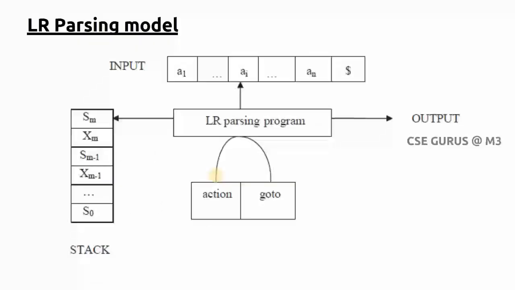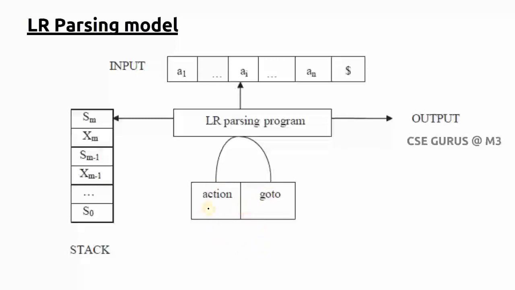Now the model of LR parsing, how it will be. Similar to LL parsing, here you need to write an LR parsing program. It is of course different for each one, like SLR, CLR and LALR, and for each one you have to construct an LR parsing table. That means an SLR parsing table, a CLR one separately, and likewise LALR, where each consists of action and goto.